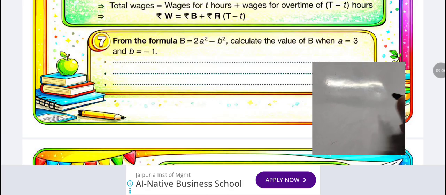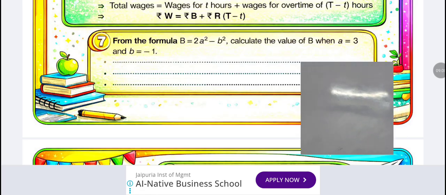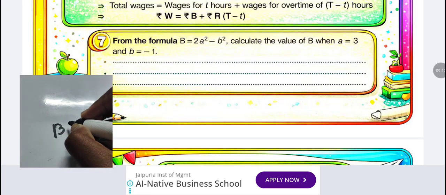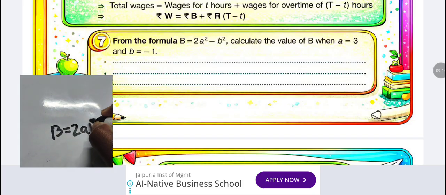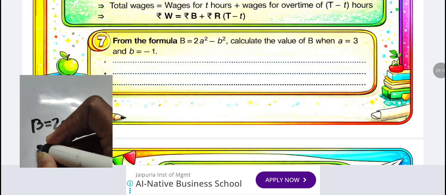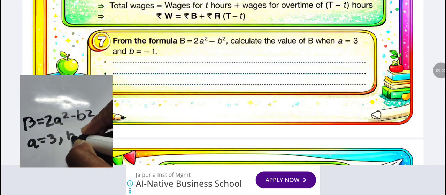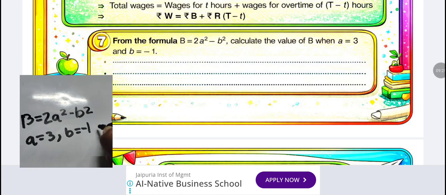Okay, I will put the camera here. So b equals 2a² minus b², where a equals 3 and b equals -1.